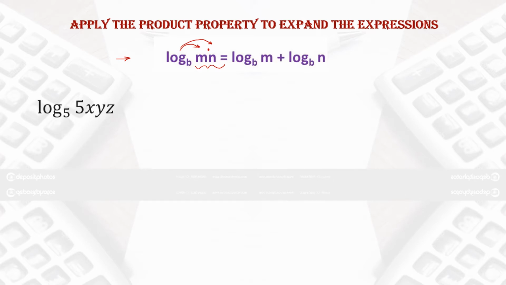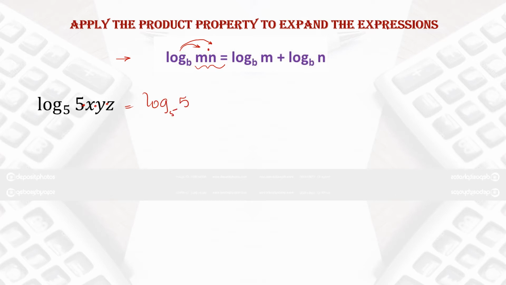property. So let's see here, you have to expand the logarithmic expression. Here it is written log base 5 of x, y and z. So all these expressions are multiplying with each other. So the first thing is you are going to write log base 5.